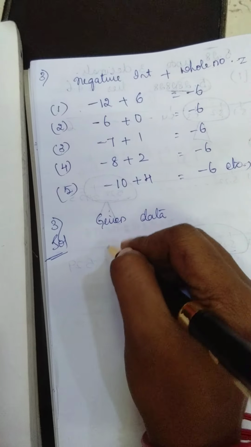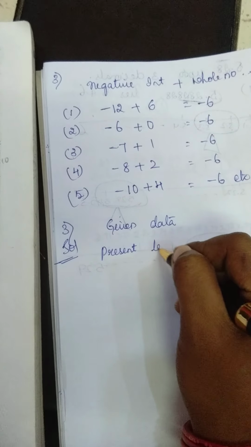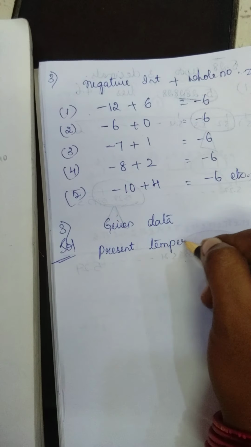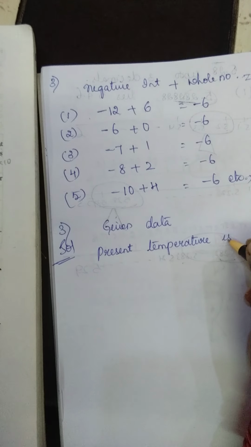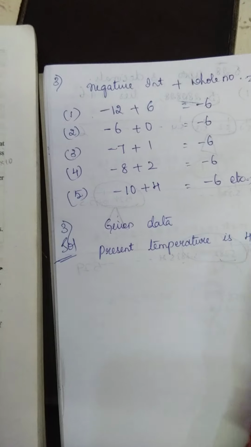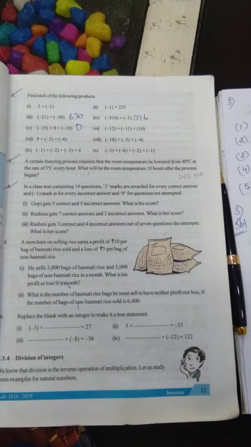So first write the present temperature according to the given data: the present temperature is 40 degrees centigrade, at the rate of 5 degrees centigrade every hour.